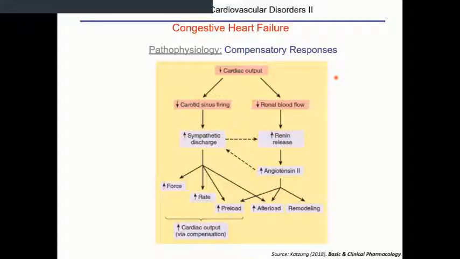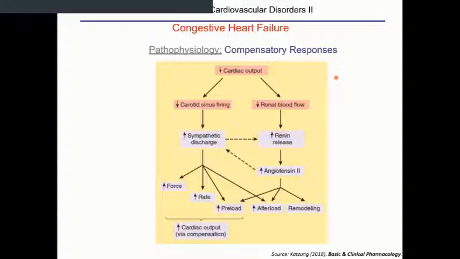And also indirectly, your angiotensin 2 will also increase your sympathetic discharge. On the other hand, on the left side of these compensatory responses, you have your decreased carotid sinus firing due to decreased cardiac output. And this will lead to stimulate the sympathetic nervous system. And sympathetic activation leads to increased force of contractility because this will activate your adrenergic system, increase heart rate, and of course, this will also increase your preload because of the activation of sympathetic system.